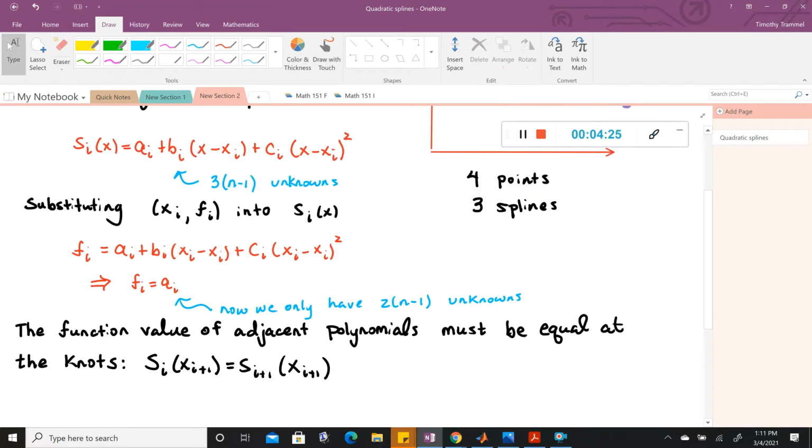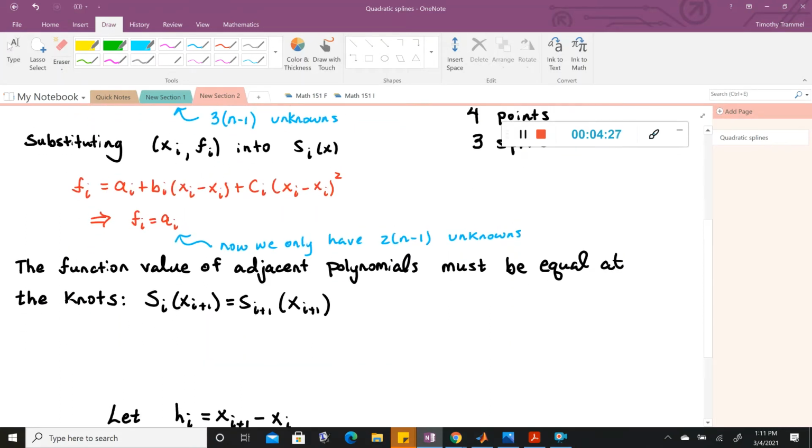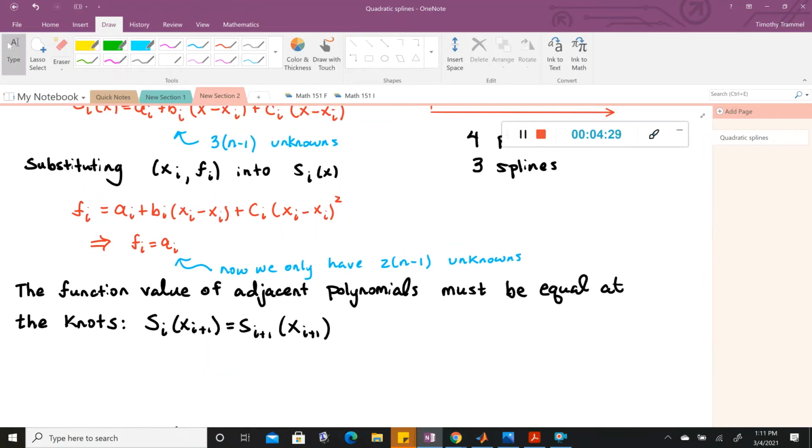Let's keep going here. The next requirement is that we want the function values of adjacent polynomials to be the same, at least at the knots. So let's set this up. This is what it should look like mathematically.